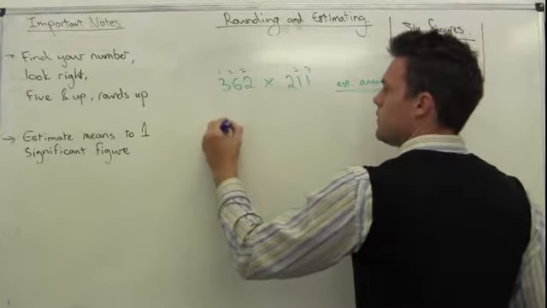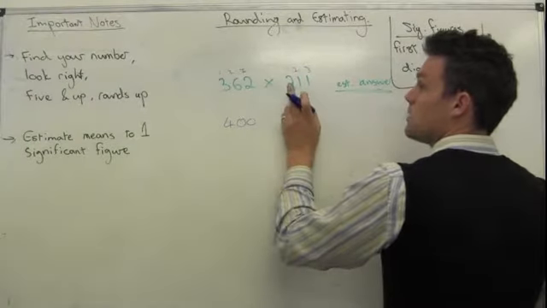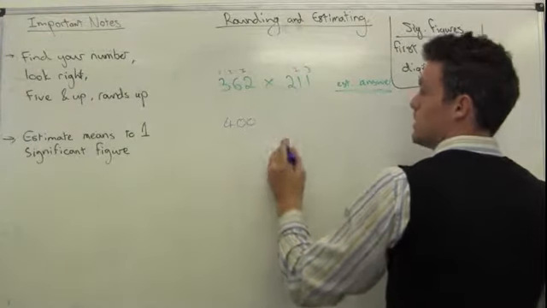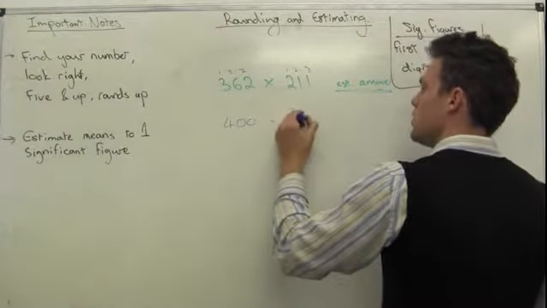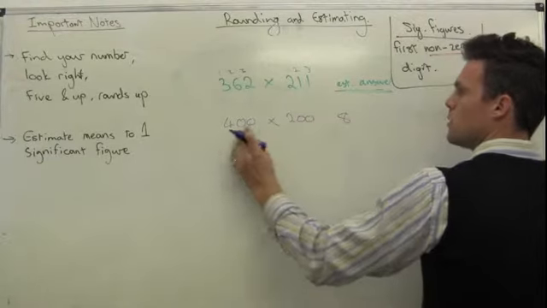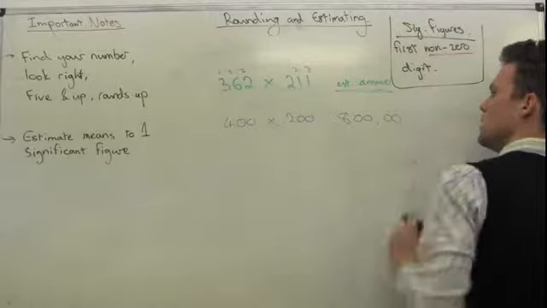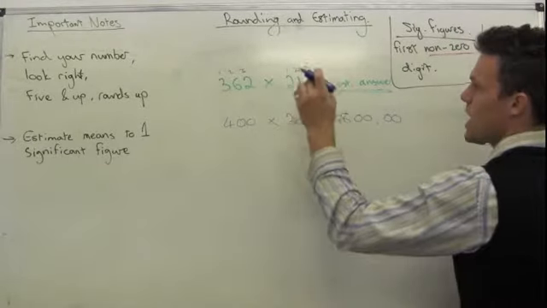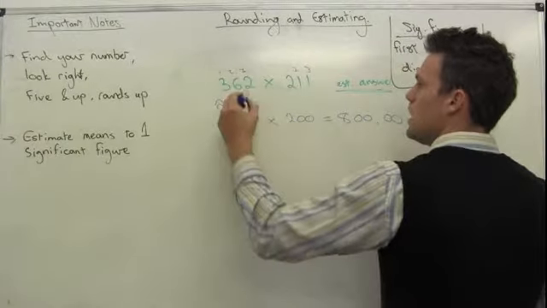The 6 tells me it's going to be 400. And this 211 is either going to be 200 or 300. So it becomes 200 because the 1 is less than 5. So 400 times 200, I can quite easily do that. 4 times 2 is 8, with 4 zeros afterwards. Gives me 800,000.